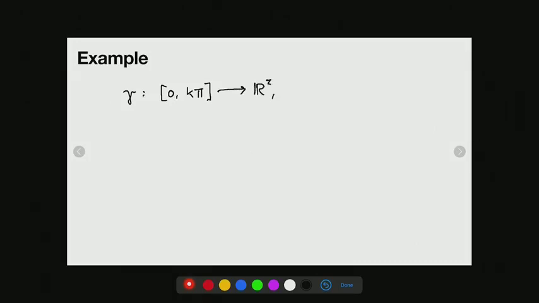And other than that, it's the same formula for the curve. t is mapped to (cos t, sin t). k, well, there's some constant, can be 1, 2, 3, 4.